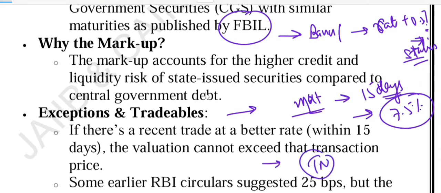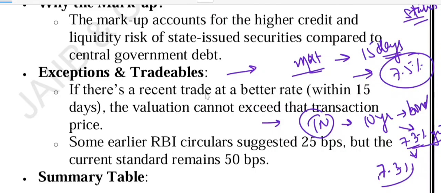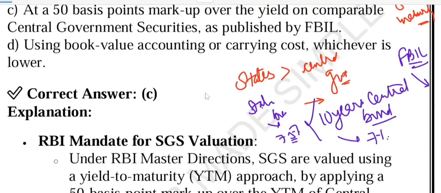Suppose a Tamil Nadu 10-year bond was recently sold at a 7.3% yield. So what will be the value? It will be valued at 7.3%, not 7.5%. This is a very important thing. Again I am repeating, if a Tamil Nadu 10-year bond was recently sold at 7.3%, it will be valued at 7.3%, not 7.5%. Let's see the options that we have.